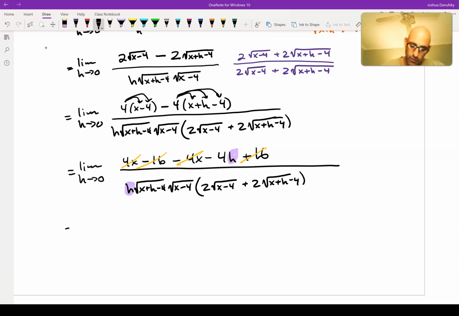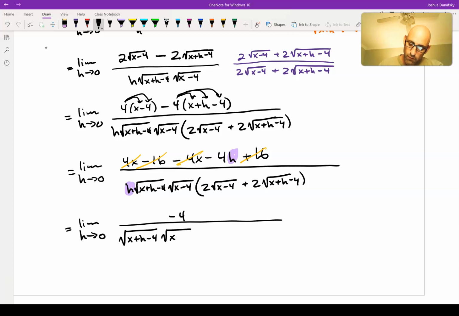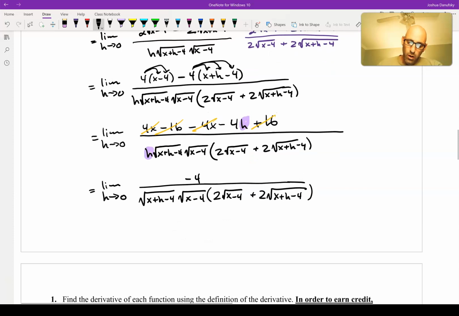So now we're left with the limit as h approaches 0 of negative 4 on top over the square root of x plus h minus 4 times the square root of x minus 4, times the quantity 2 times the square root of x minus 4 plus 2 times the square root of x plus h minus 4. Oh my goodness, what a mess. Close those parentheses. But all we're going to do now is plug 0 in here and 0 in there, and then we are going to simplify and we'll be done.